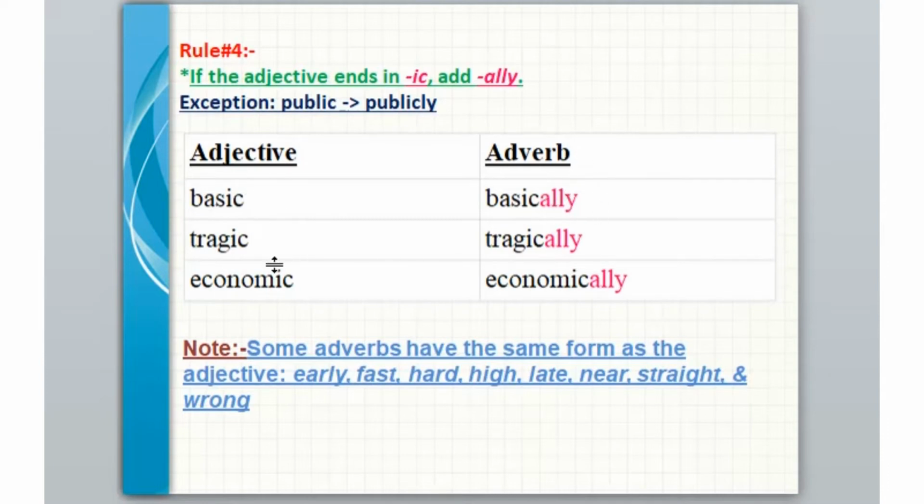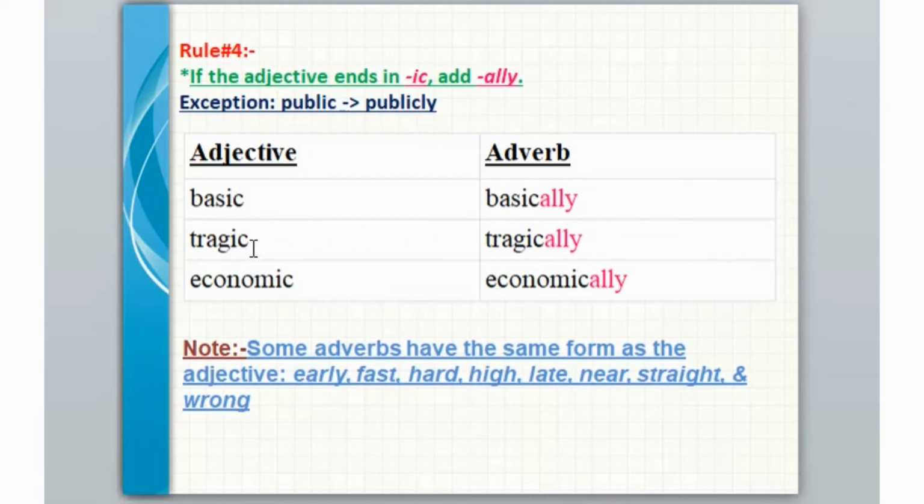Tragic will become tragically. Economic will become economically if you add ALLY. So we basically treat the adjectives in this way, the ones which are ending with IC.